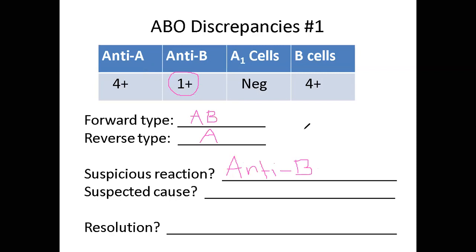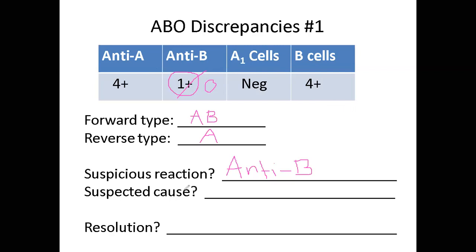What I always say to myself is, if I eliminated this, let's pretend this was really a negative, would the forward typing and the reverse typing then agree? If we got rid of this reaction, the person would type as A forward and A reverse. So yes, that would make sense.